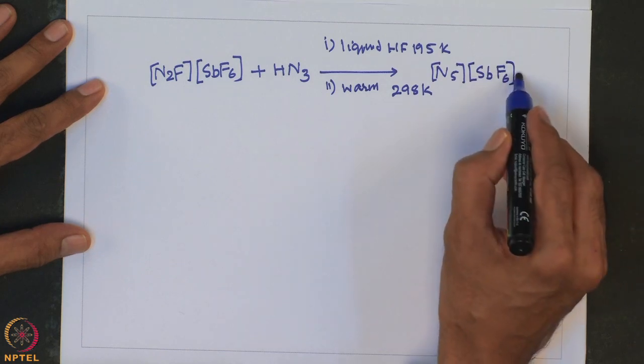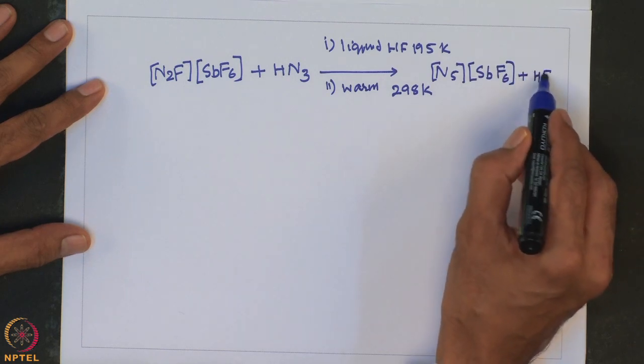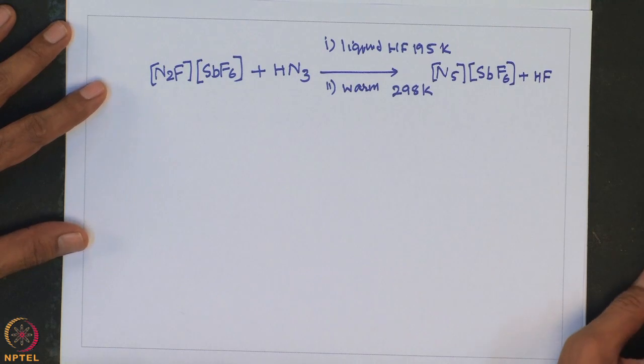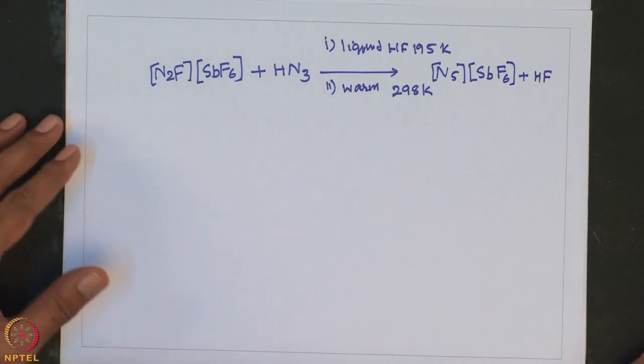And of course, the solid pentazole cation oxidizes NO, NO2 and Br2, but not Cl2 or O2. So, let us look into a few of these reactions.